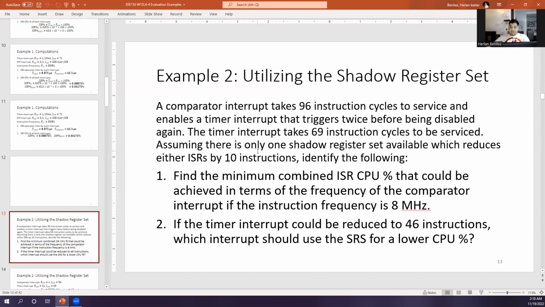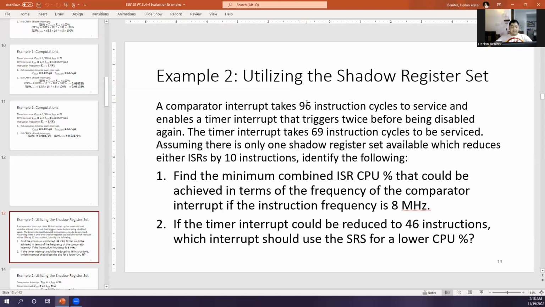Assuming that there's only one shadow register set, which reduces either ISR by 10 instructions, identify the following. That means if we use the shadow register set for the timer interrupt, it becomes just 59. If we use it for the comparator interrupt, it becomes 86 instructions.